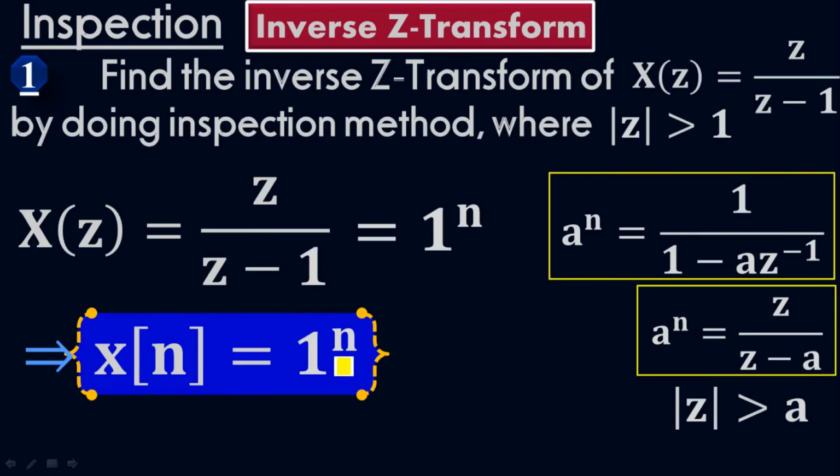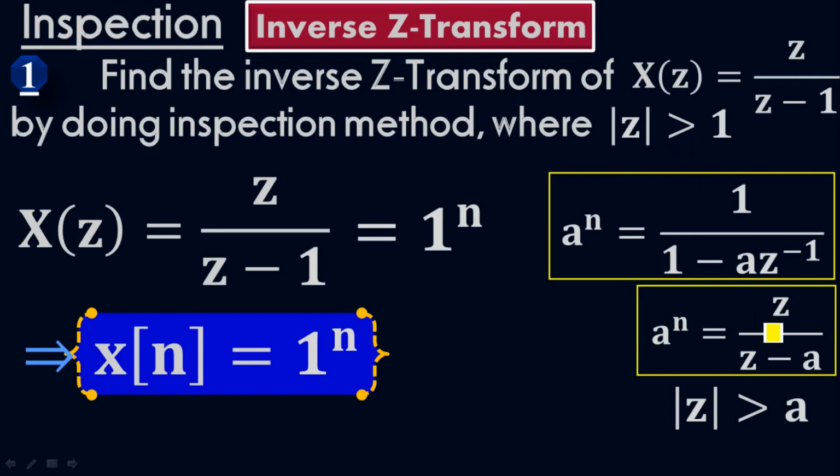As I told you earlier, we do common inspection in this method. First we did inspection from the region of convergence that it is a right-sided sequence. Look, 1^n is a right-sided sequence. If we have negative 1, then it will be a left-sided sequence. But since it is positive 1, it is a right-sided sequence, which we checked from the common inspection by checking the region of convergence.